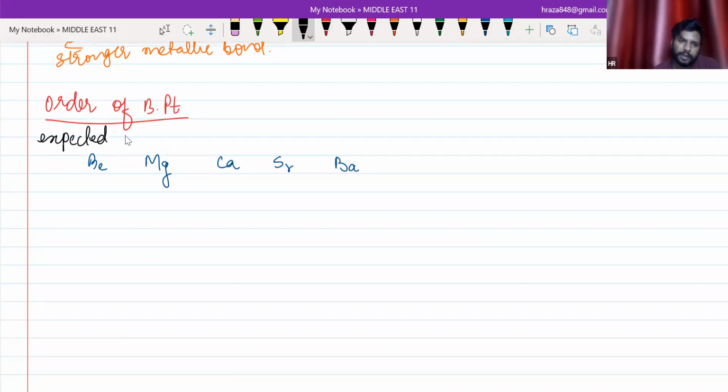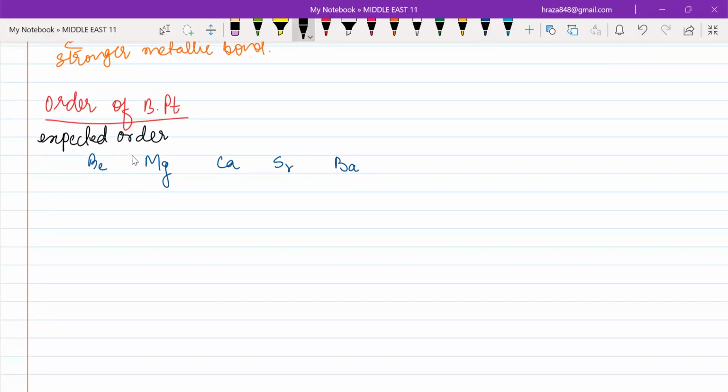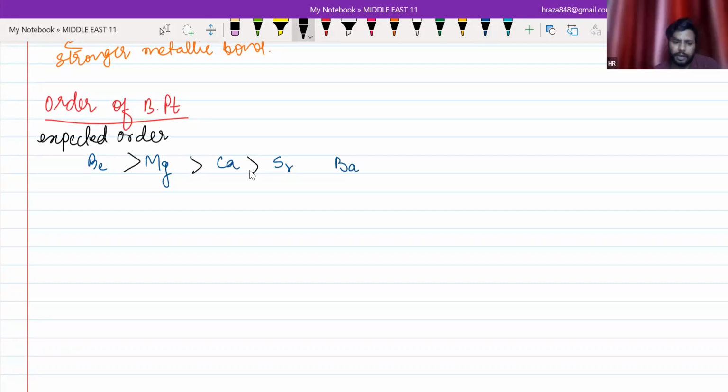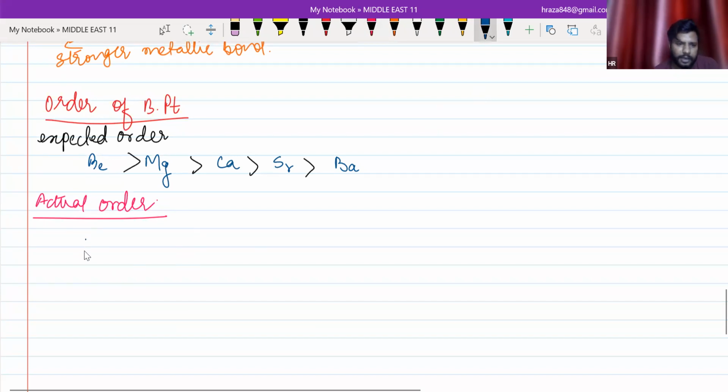The expected order is that down the group it should decrease, because size increases and metallic bond strength decreases. So the expected order is this. But what we found, the actual order, is that beryllium has the highest boiling point, followed by barium, then calcium, then strontium, and then magnesium.